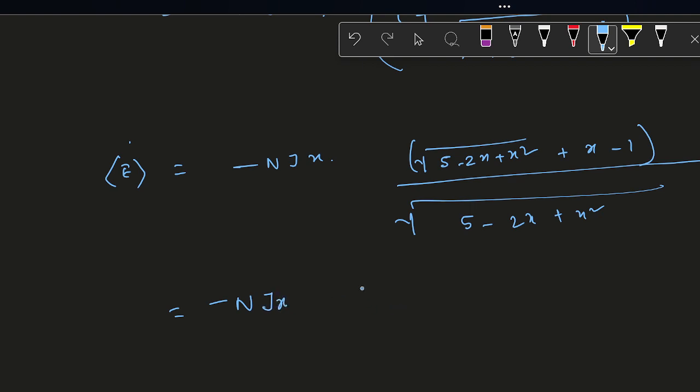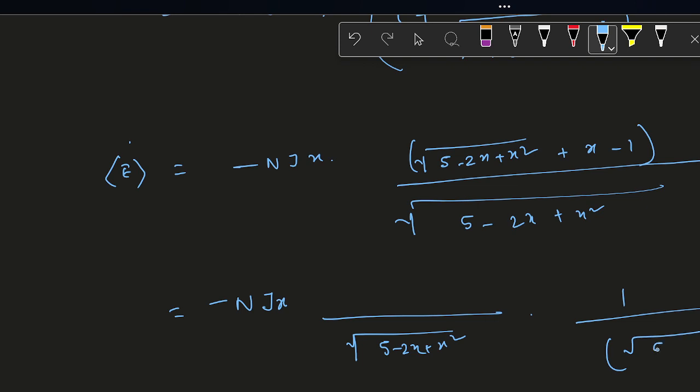So we'll also try to simplify it further, like this 5 minus 2x plus x squared. Then you can multiply the denominator by another 5 minus 2x plus x squared plus x minus 1, that is, plus x, sorry, this was plus already, but you multiply with another extra minus 1 factor.